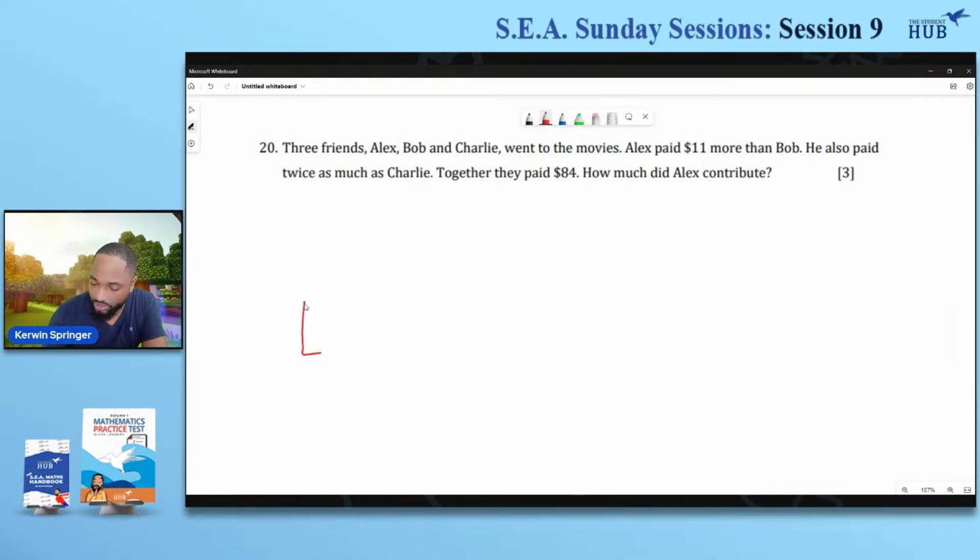So Alex, and this is Bob. I know Alex paid twice as much as Charlie, and he paid 11 more than Bob. How to draw Bob?